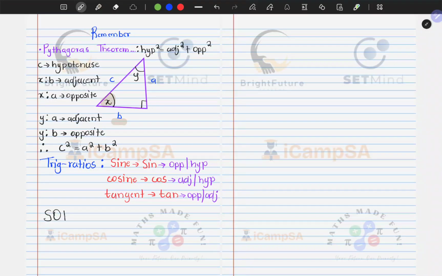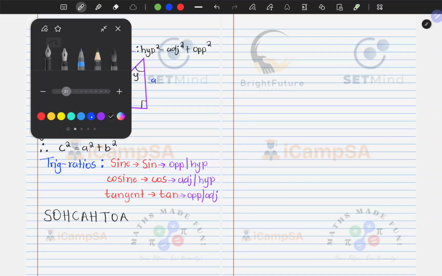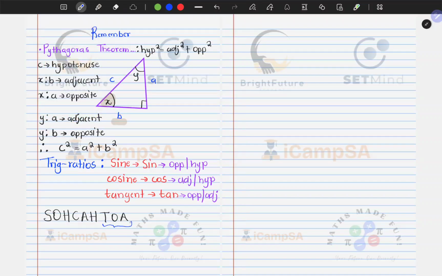So it is SOH, then CAH, then TOA. What does this mean? The TOA part speaks to tan, so tan is equal to opposite over adjacent.